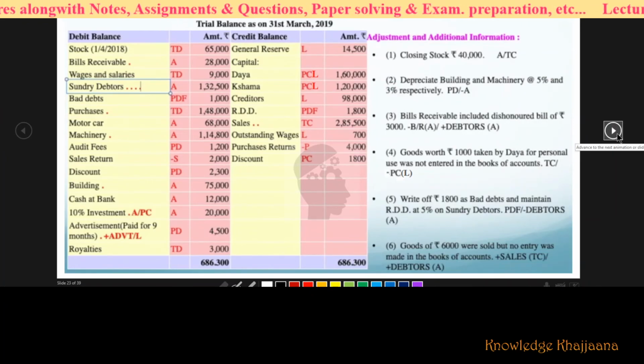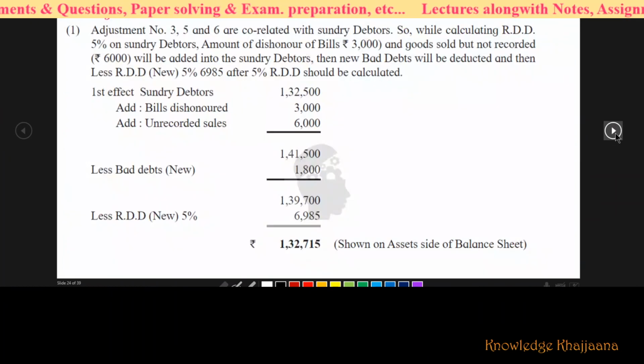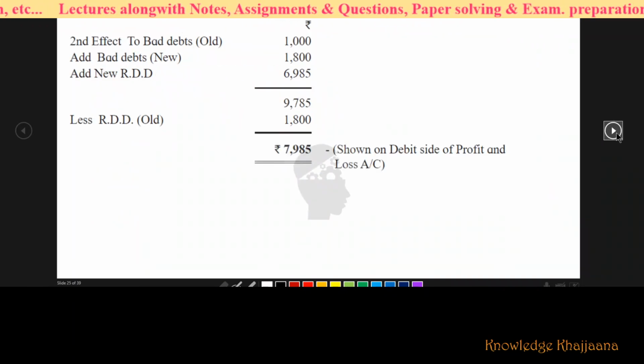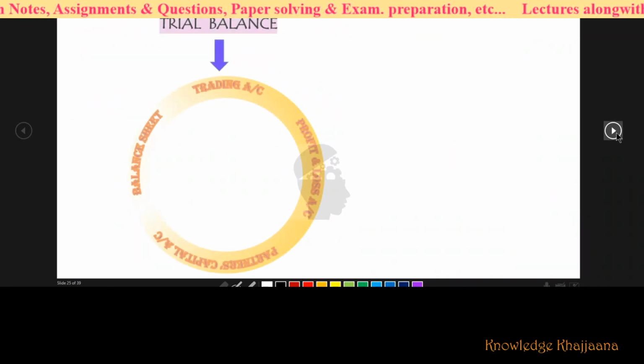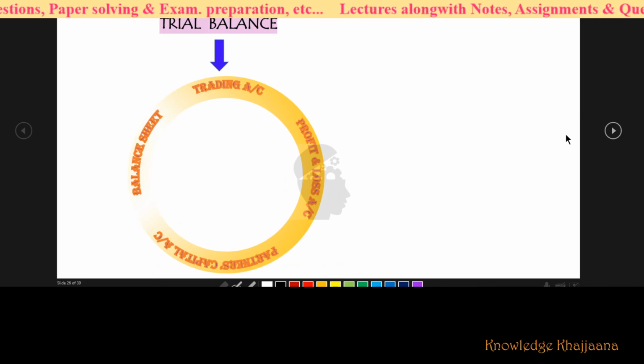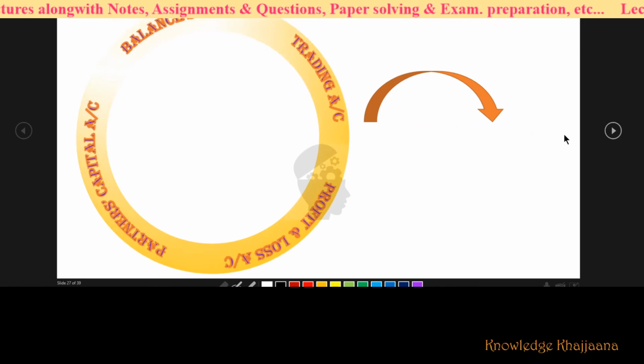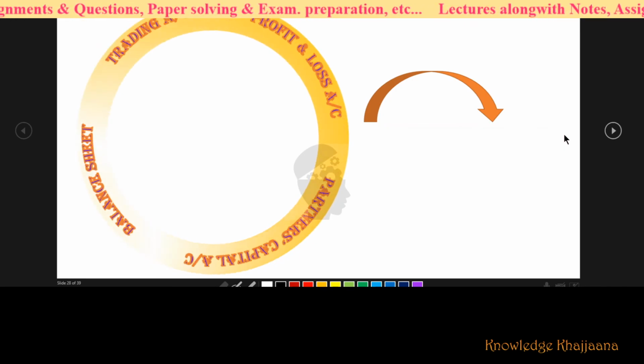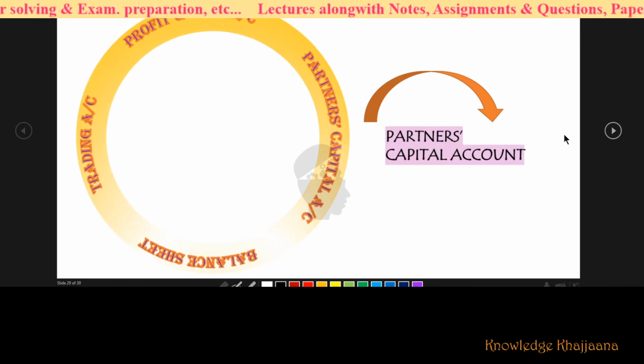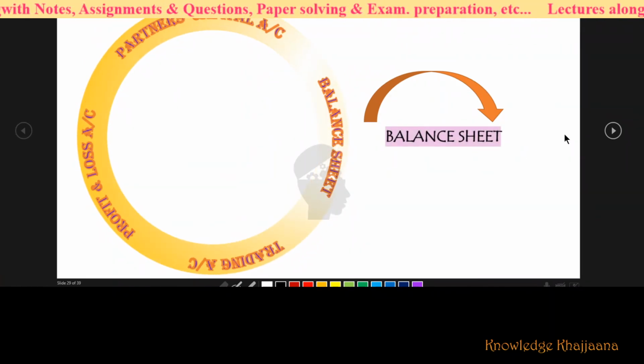This was the problem. We have done all the marking. These were the working notes. We had solved the trading account and the profit and loss account. Instead of separately solving the partners' capital account, we have solved it in the balance sheet itself.